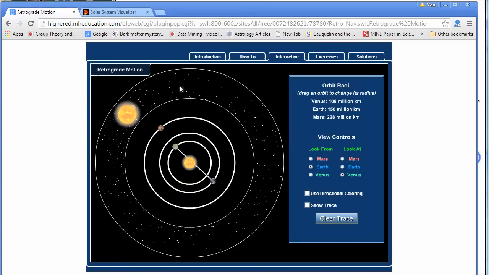What it's showing around the outside is the geocentric position of the Sun and Venus, where they appear to be in the sky from the Earth's point of view.